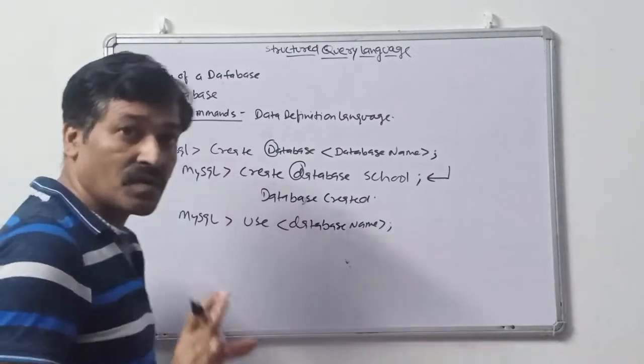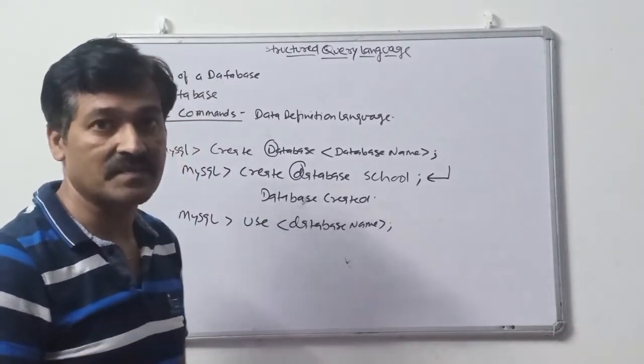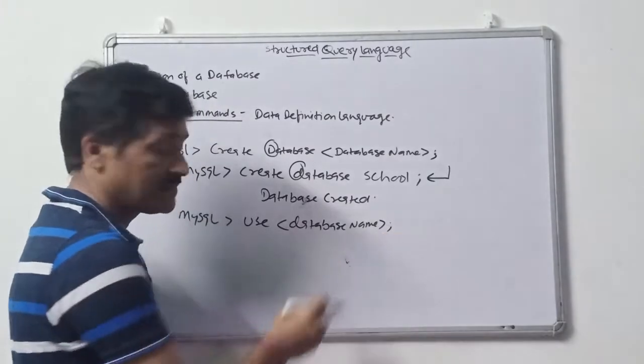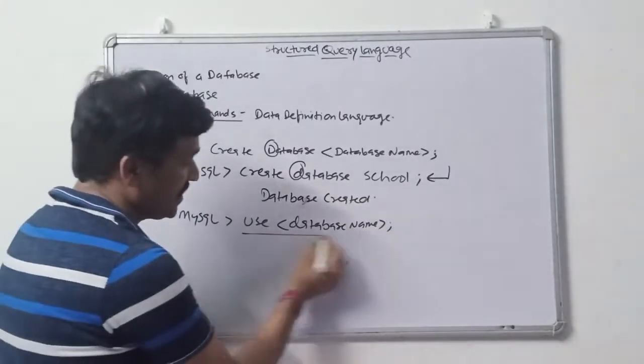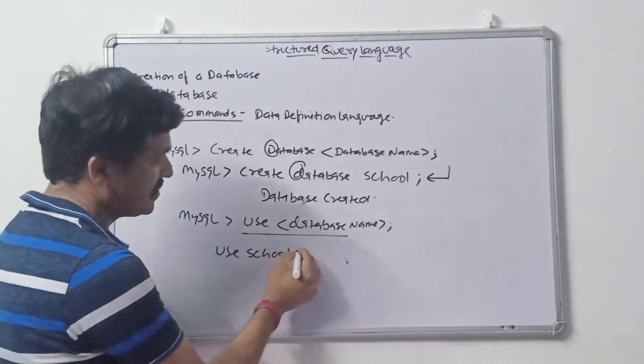Again, keep remembering, each and every command is terminated by a semicolon. I am telling you this because in Python we are not used to placing semicolons at the end of statements. Use database. For example, we can write use school.